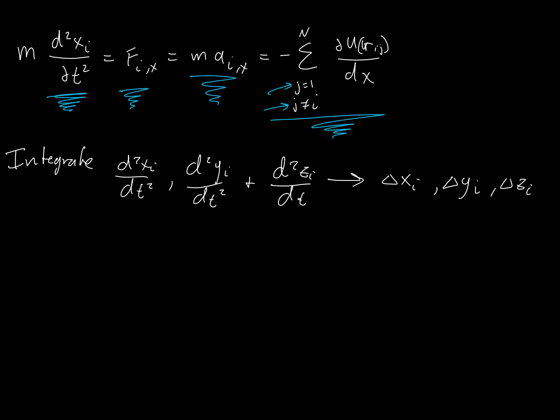This basically tells us how far my particle moved after some delta t time step. And then you repeat this as many times as you want until your system seems like it's stopped doing something interesting. Then you've reached the equilibrium state.